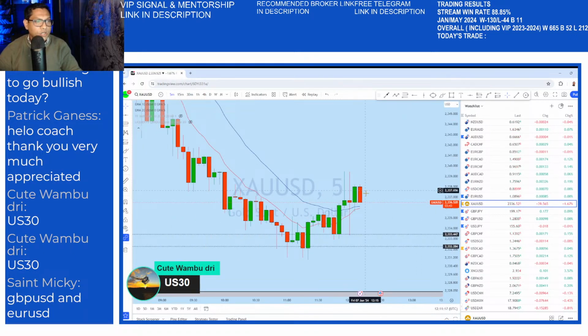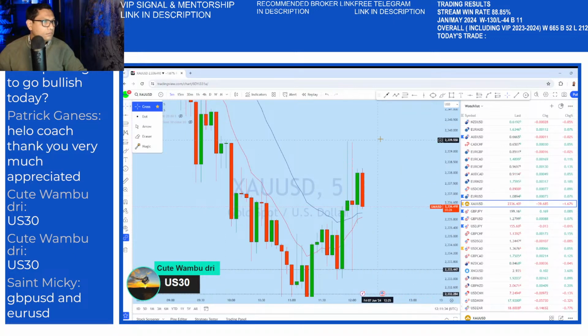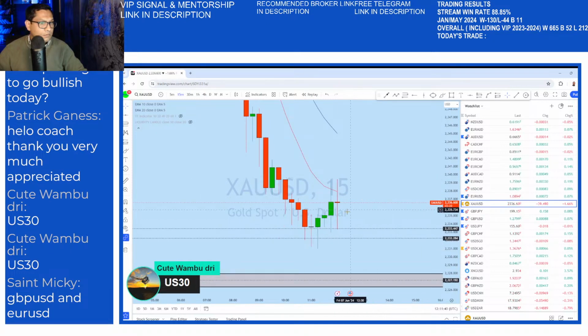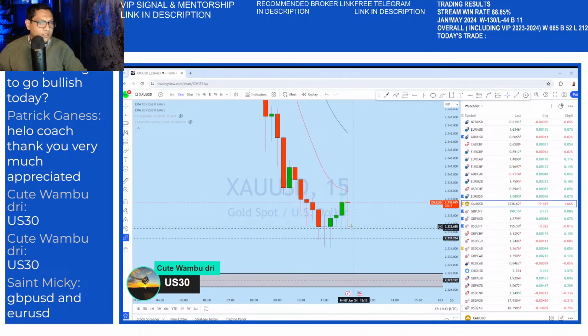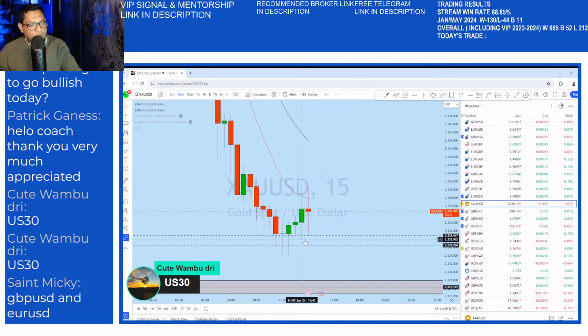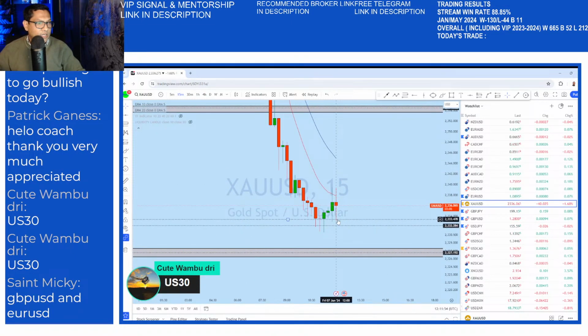Let's wait for the confirmation. We can see that it's choppy on gold at the moment. Gold is choppy here. The 15 minute candle is closing as a red or green doji. So there is a liquidity candle followed by a doji. Probably we might see this directional bias.